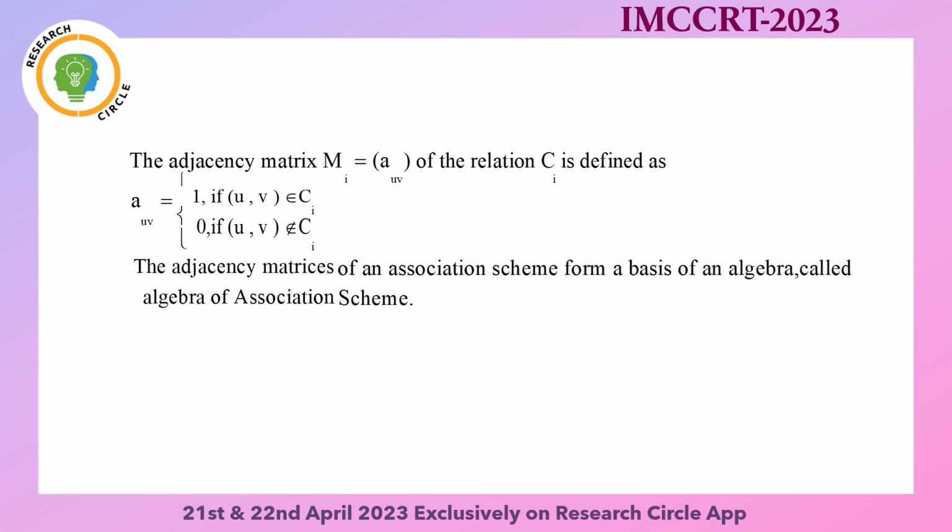Now next we define adjacency matrix A of the relation Ci. The adjacency matrix A with entries A(u,v) with respect to the relation Ci is defined as follows. We take A(u,v) to be equal to 1 if (u,v) belongs to Ci and 0 otherwise. The adjacency matrices of an association scheme form a basis of an algebra called the algebra of association scheme.